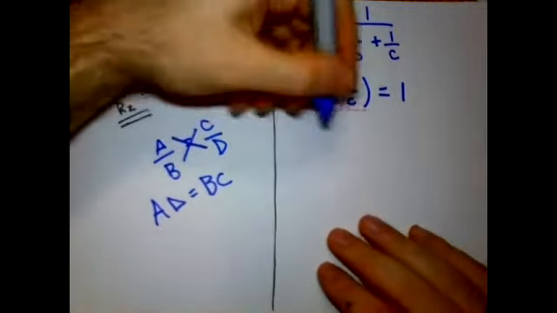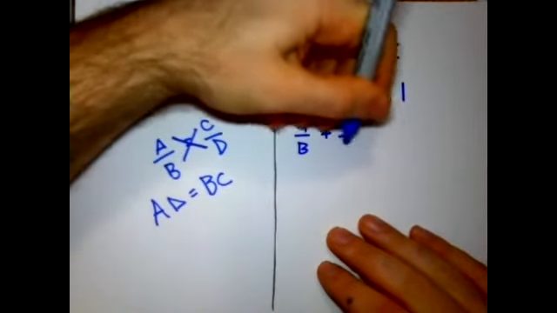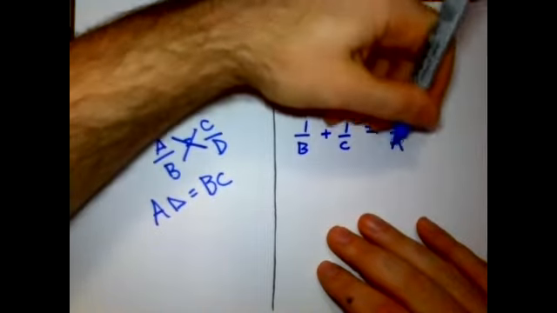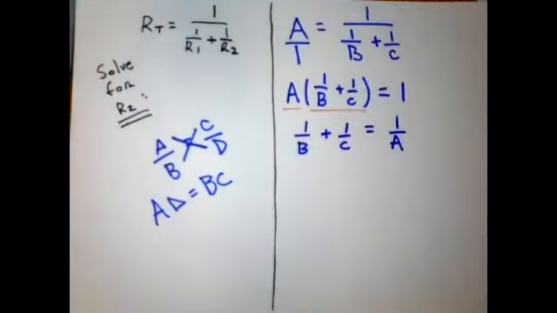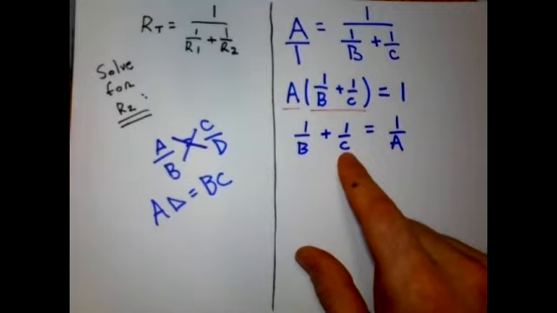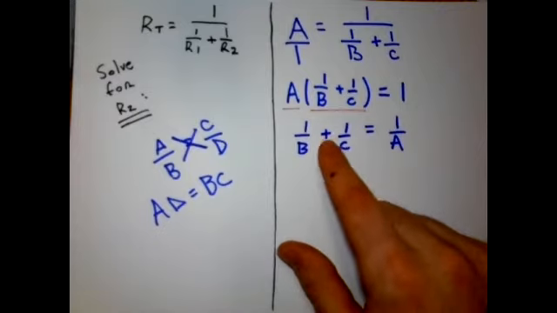That would give me 1 over B plus 1 over C equals 1 over A. Okay? Still keep an eye on what you're trying to get to. I'm trying to get to C. That means you want to get rid of everything around it. The quickest thing I can get rid of is 1 over B. These two things are being added.